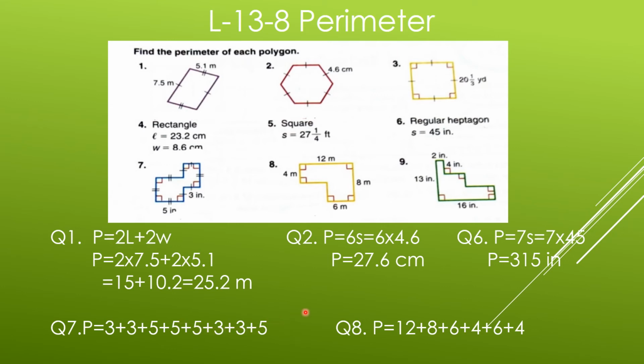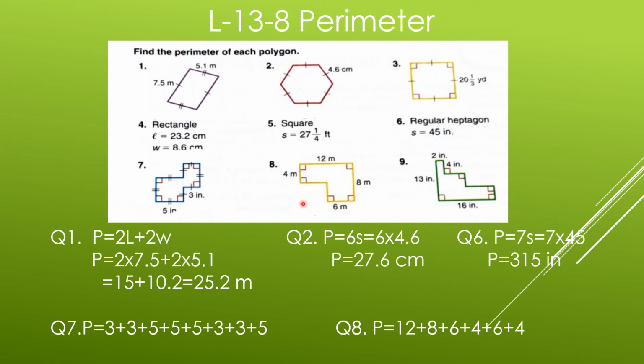In the same way here in the question number 8, how many sides? 12, 8, 6, and this one is 4 and this one is 6 and this one is 4. This is 6 because all together is 12 and 6 here. Then what is remaining? 6. And in this one, all together is 8 and this one is 4.